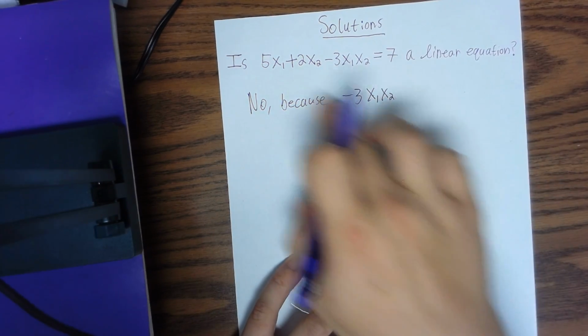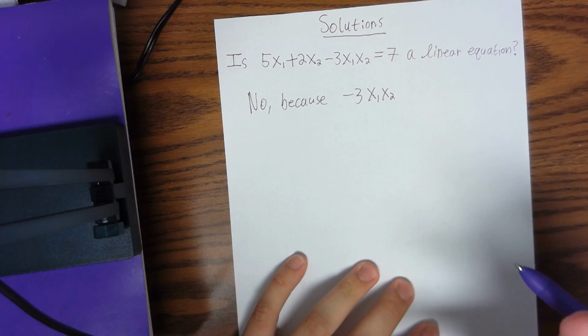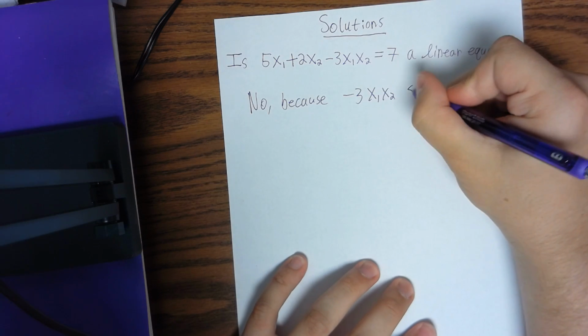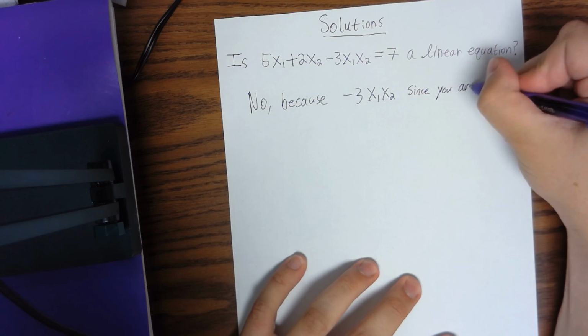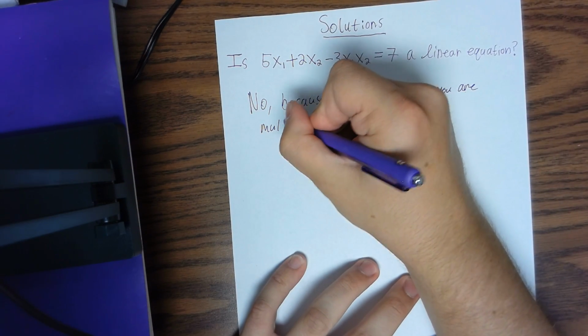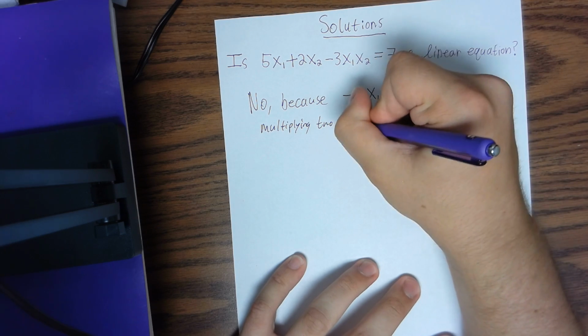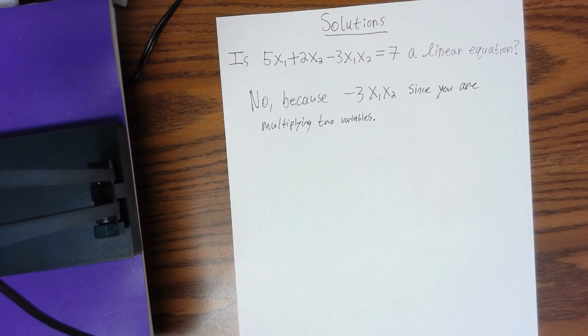Even though you can think of x1 as linear and x2 as linear, when you multiply them together, it's not linear anymore, since you are multiplying two variables. So you don't want to multiply two different variables when you're dealing with linear systems.